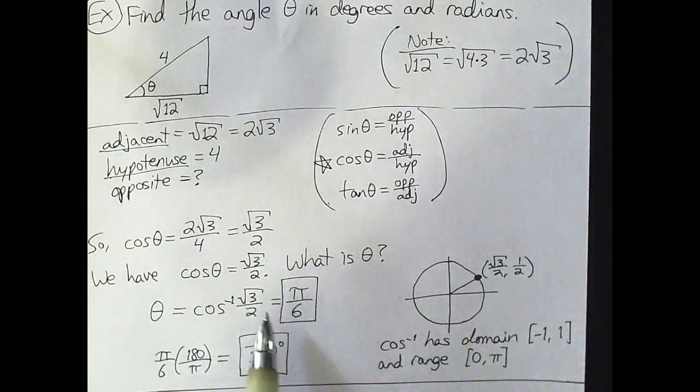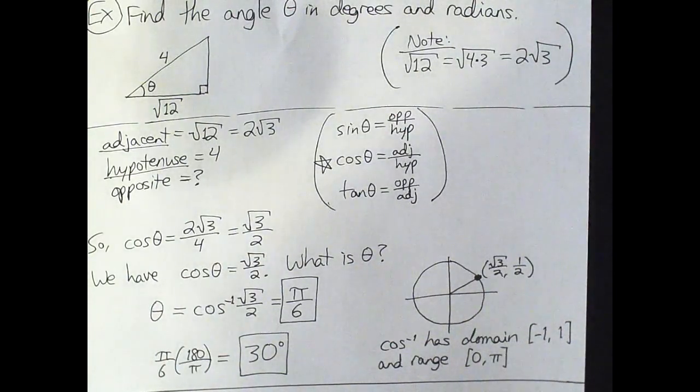So that is the answer in radians. And then this problem also wanted us to convert it to degrees. Typically, you would find the answer in radians first and then convert it to degrees if the problem tells you to have both. Some problems might just say one or the other.